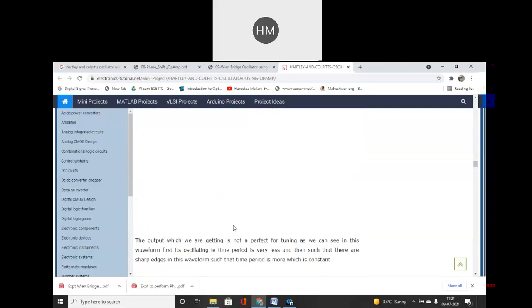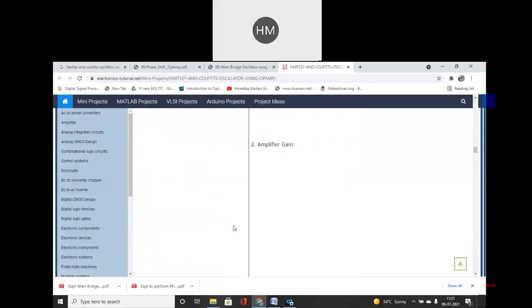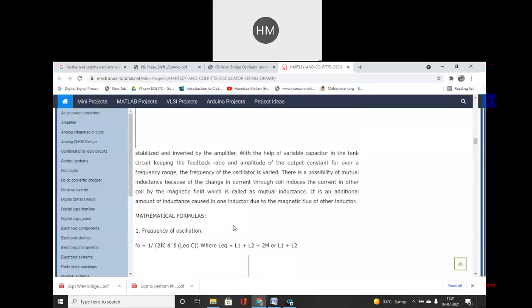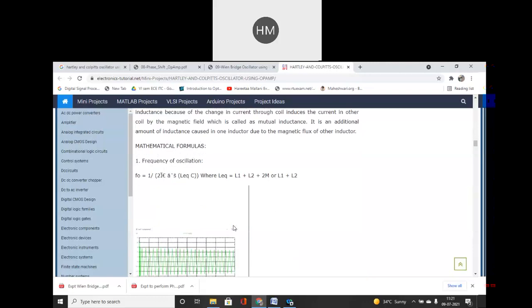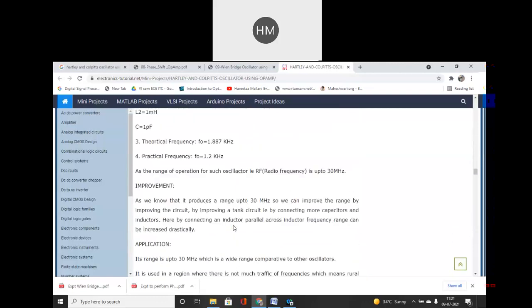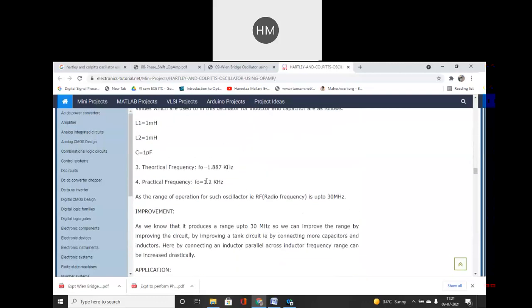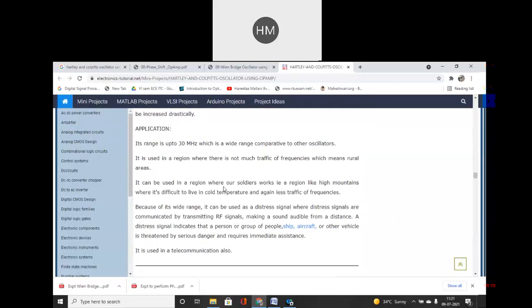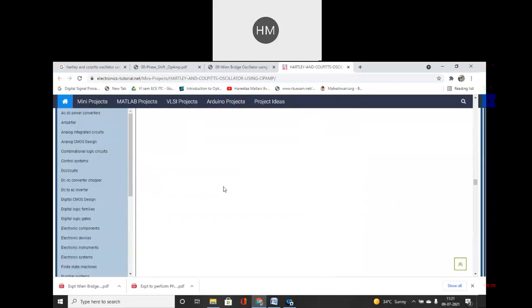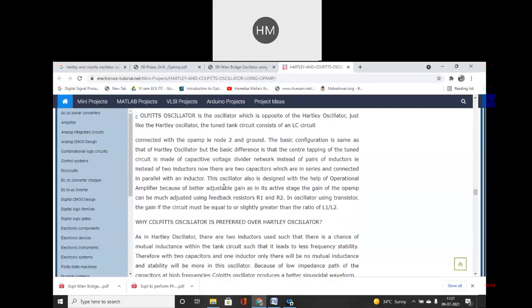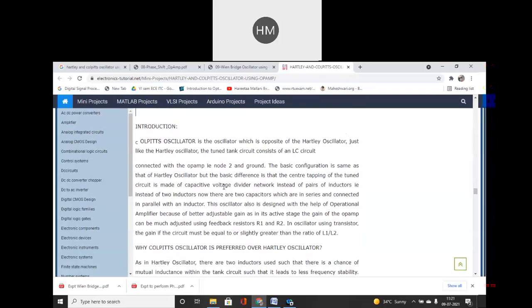Here you can see they have designed the circuit, but they are getting a huge difference in the frequencies. Designed for 1.8 kilohertz, in practice they are getting 1.2 kilohertz. But we can use it up to 30 megahertz.